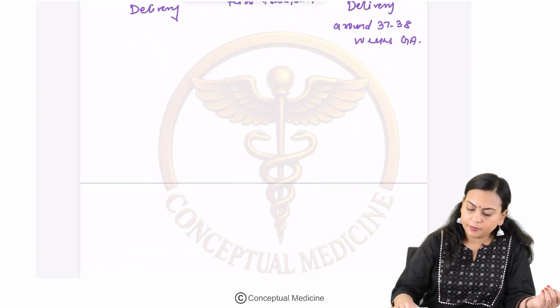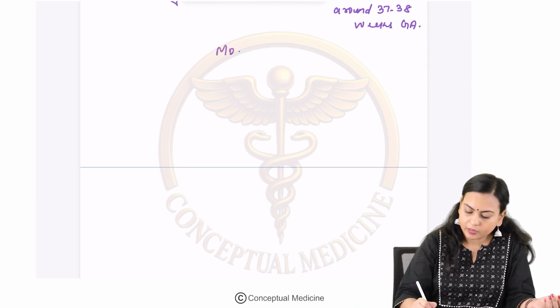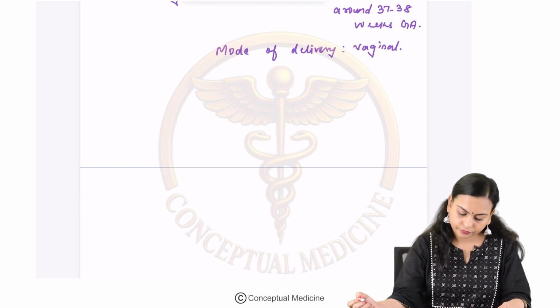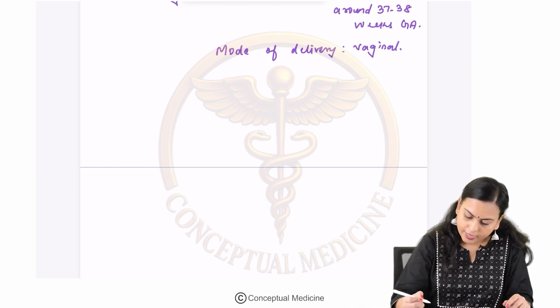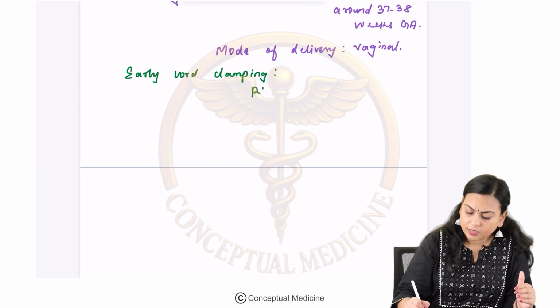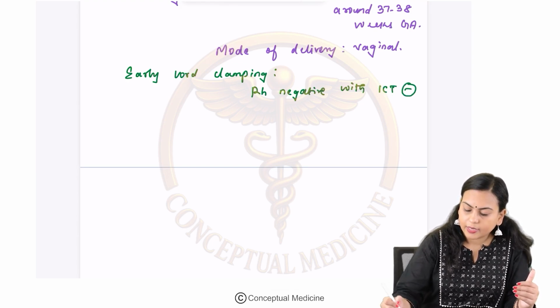And remember, cesarean section is only for obstetric indications. You can plan the mode of delivery as vaginal itself. Clear? And after delivery, early cord clamping is done when there is an RH negative mother with ICT also negative.